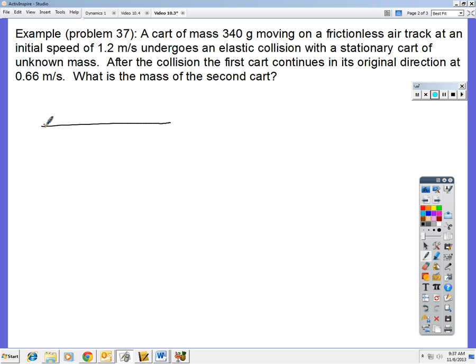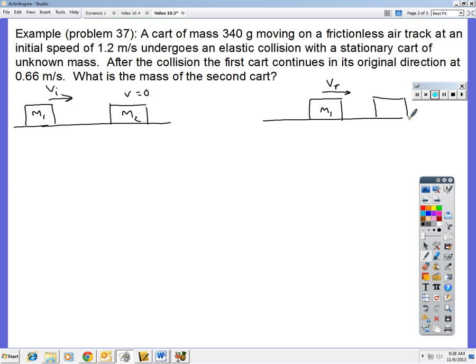So the first thing, let's draw a picture. Initially you have a cart of unknown mass; I'll call the carts m1 and m2, and m1 has a velocity of vi, and m2 is not moving. Now after the collision, we know that m1 continues in its original direction at speed vf, and we know that m2 starts moving.